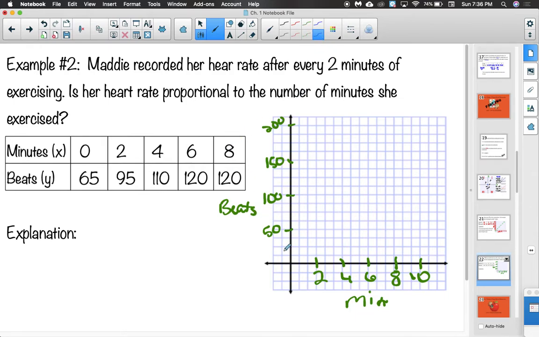So first, 0, 65, and that's somewhere around here. 2, 95. 4, 110. 6, 120. And 8, 120. Let's take a look at that graph.